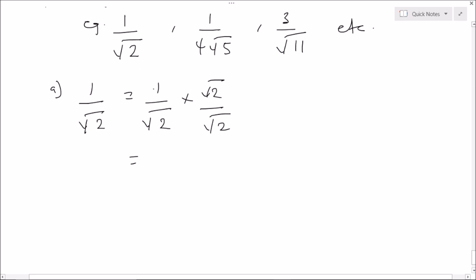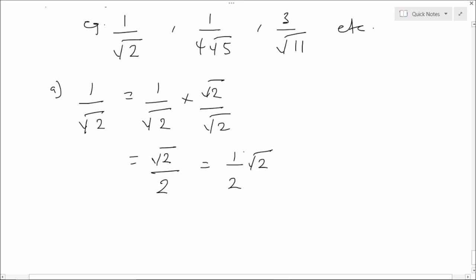So we have 1 times root of 2 giving us root of 2, all over root of 2 times root of 2, you know, is the same as 2. This is the same as root 2 over 2. So that is how we rationalize surds with monomial denominators. We will simply multiply both numerator and denominator by the surd.